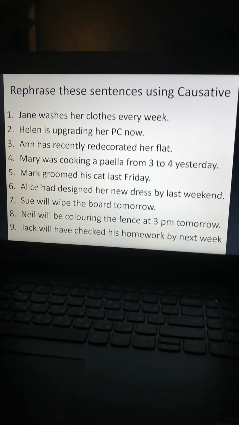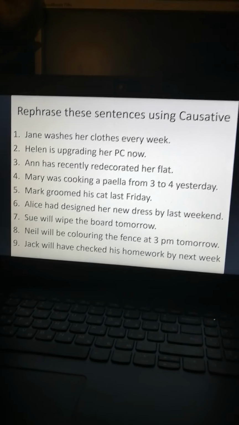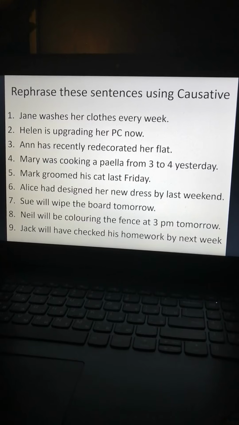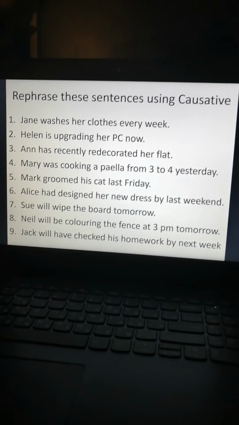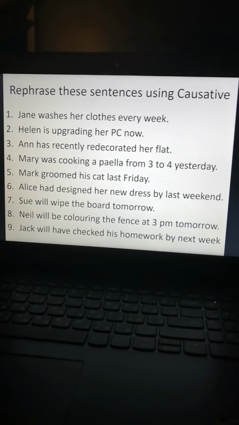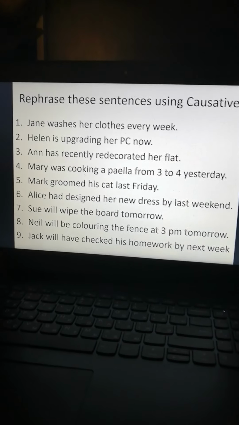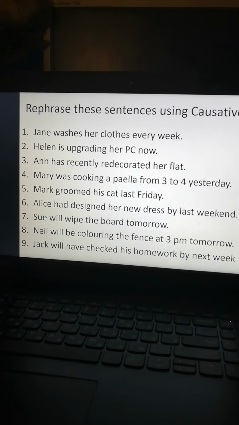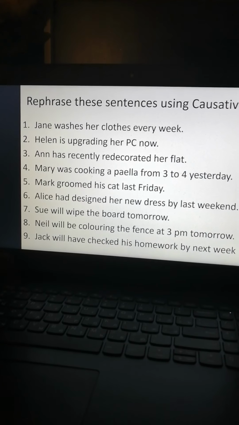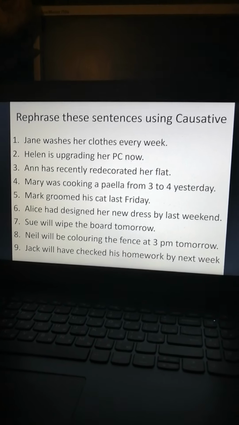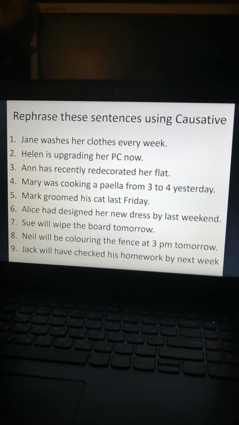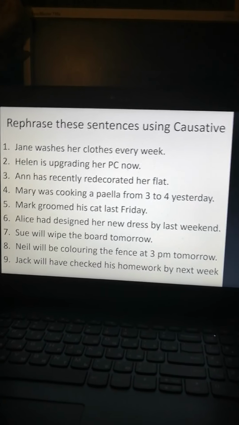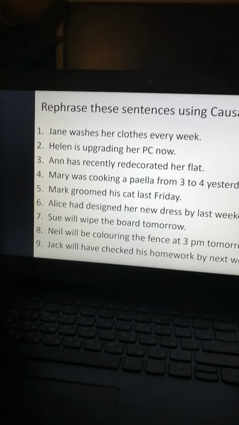So in present simple it will be has, gets. In present continuous, is having, are getting. In present perfect, have got, has got. In past simple, had, got. In past continuous, was having, was getting. In past perfect, had had or had got. In future simple, will have or will get. In future continuous, will be having, will be getting. And in future perfect, will have had, will have got.